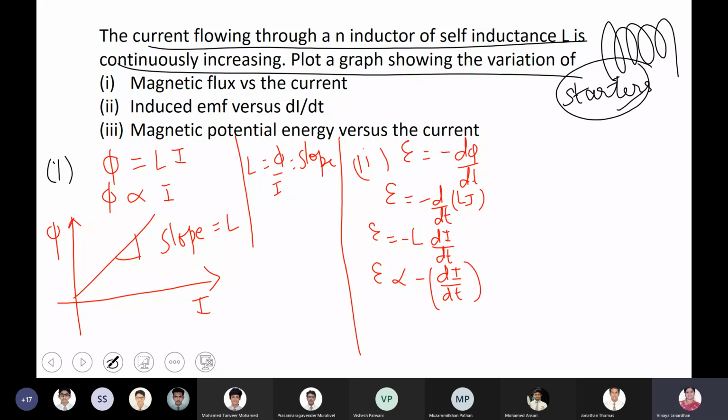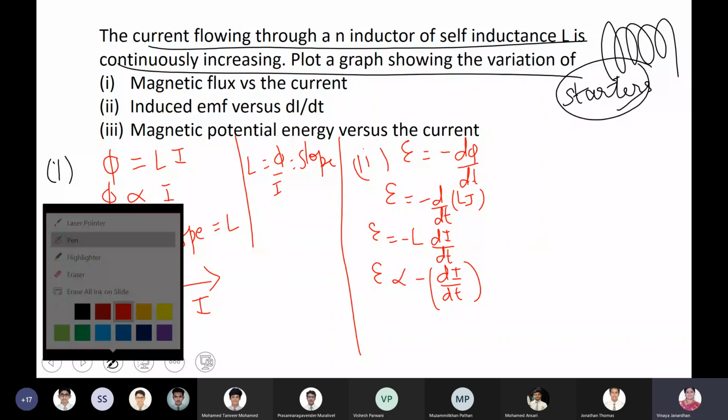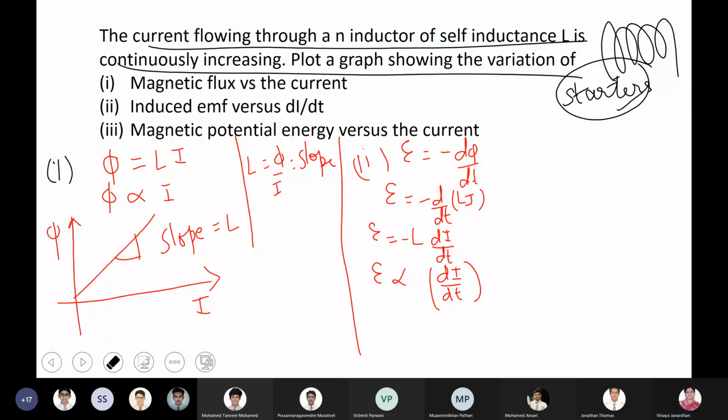So I can plot the graph this way also, or I can go for E, taking E as negative. Let me go this way, that would be better. So E is on the negative y-axis, and this will be di by dt. So it will be a straight line graph.